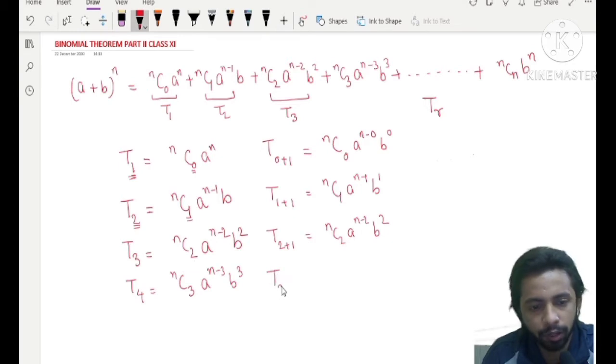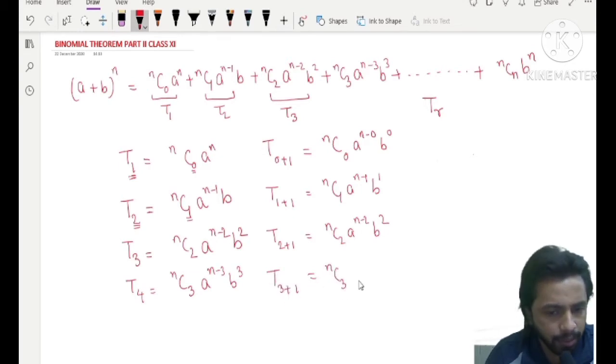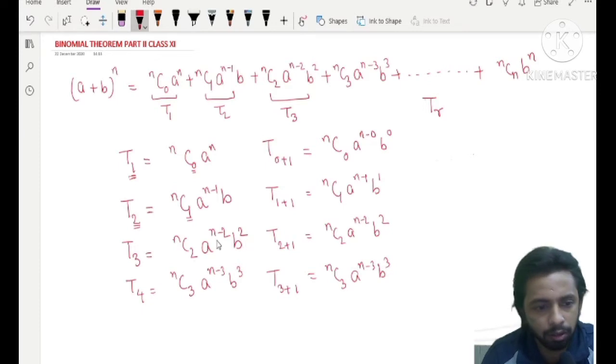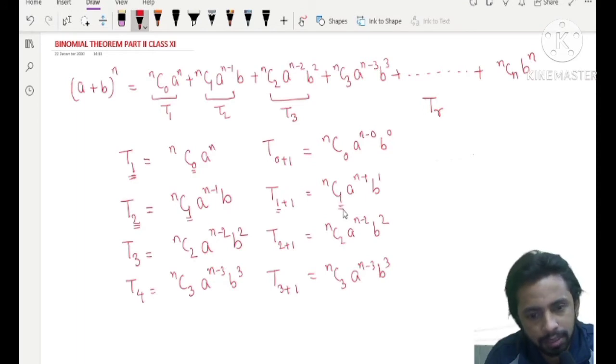Then t4 can be written as t 3 plus 1. This will become nC3 a to the power n minus 3 b to the power 3. Okay, so you can see that this number and this number are same.